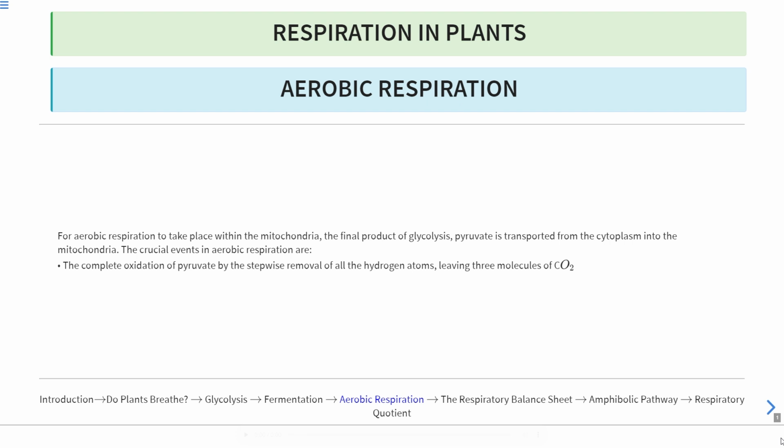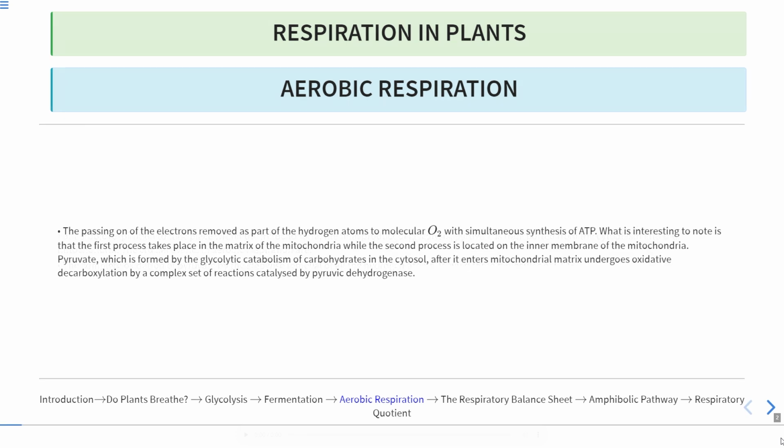So this is one of the very important steps that occur, the decarboxylation of pyruvic acid, as well as further oxidation of the pyruvate. Okay, so let us see the other steps that occur in this particular process.